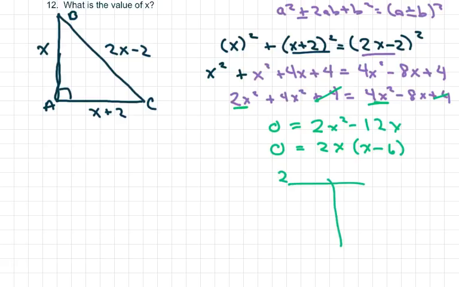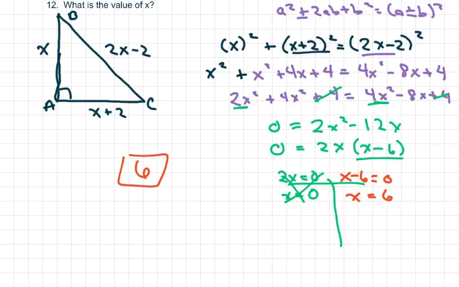We have 2x equals 0. So x is 0, which we can't use because the length can't be 0. So we're just going to look at this. And we have x minus 6 equals 0. So x equals 6. So basically the answer is C, and this is 6, and that's a griddable.